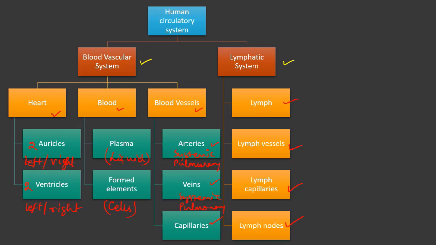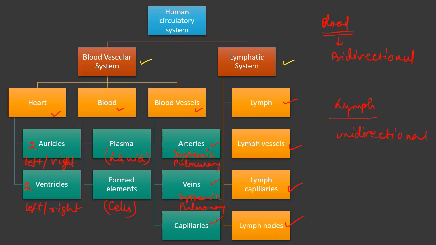Now another thing we need to keep in mind before we proceed is that when we talk about the blood vascular system, you have to understand that the movement is multi-directional, or we can say bi-directional. But when we talk about the lymph and the lymphatic system, it is only unidirectional. Now what do you mean by that?